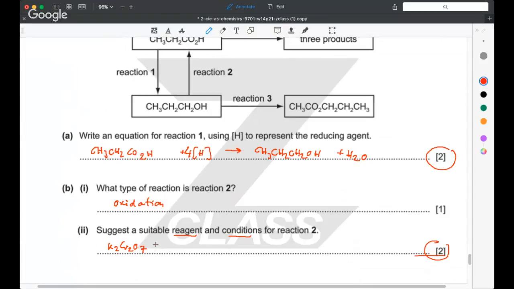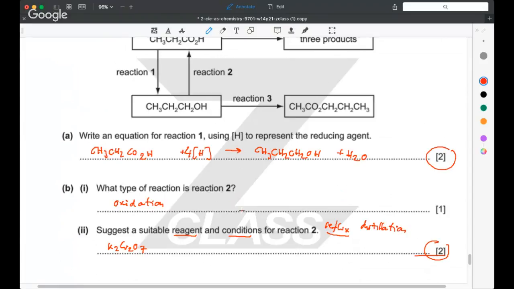It's an oxidizing agent. And for conditions, you need to talk about anything that you need to add, like a catalyst, the temperature, and normally you'd need to indicate whether the conditions are under reflux, if you want a reaction to go to completion, or distillation, if you want to remove a product as it's made.